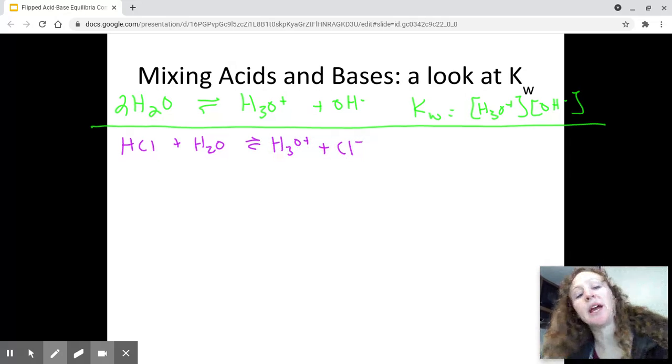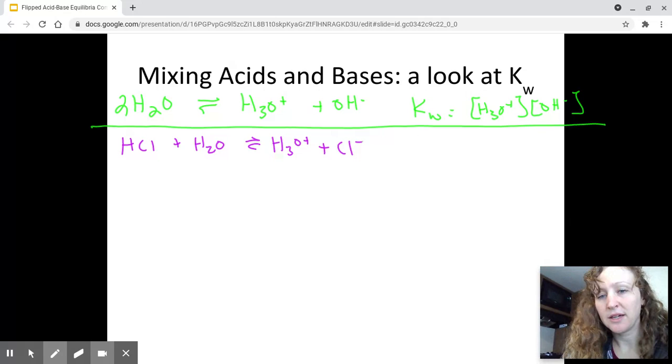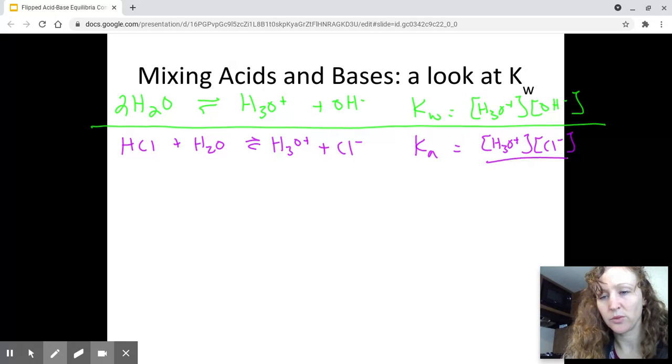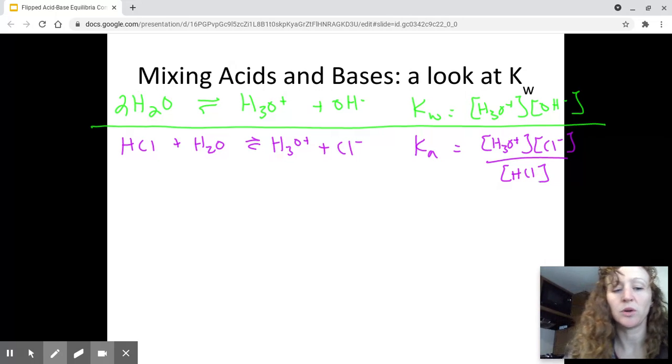So here's my reaction of an acid reacting with water. And the associated Ka is going to be products raised to their coefficients over reactants raised to their coefficients, ignoring anything that's a liquid or a solid. So we ignore water here.